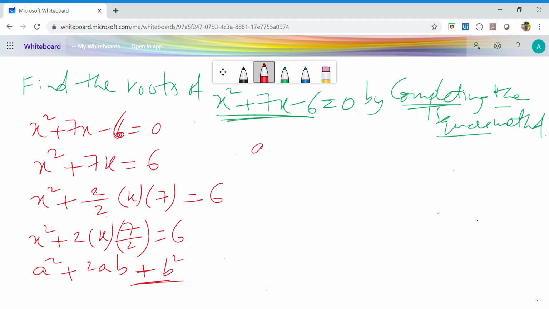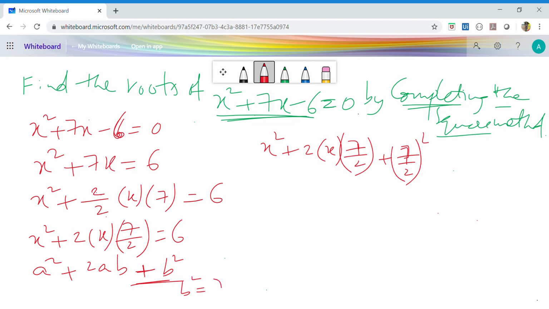So a square is x square. x square plus 2 into x into 7 by 2 plus 7 by 2 whole square, that is the b square term, is added on both sides, equal to 6 plus 7 by 2 whole square.